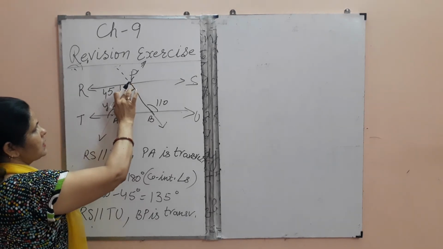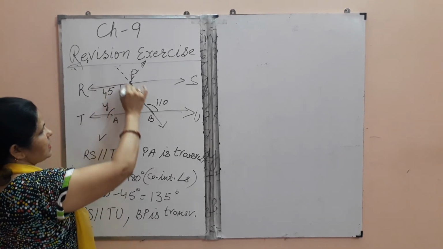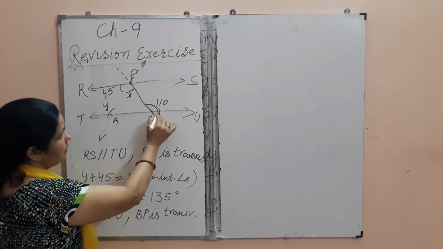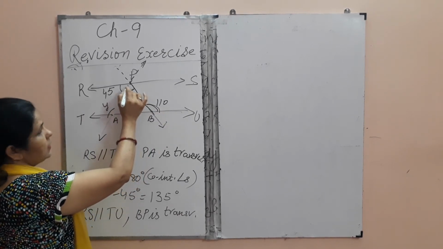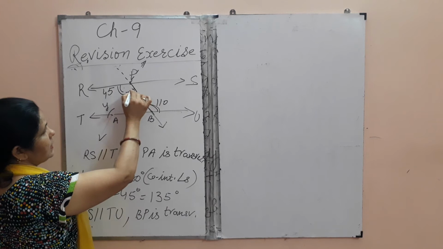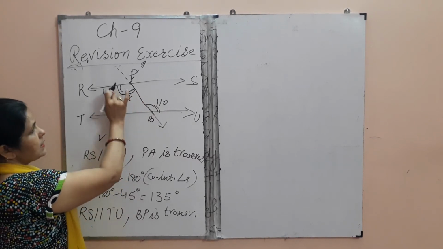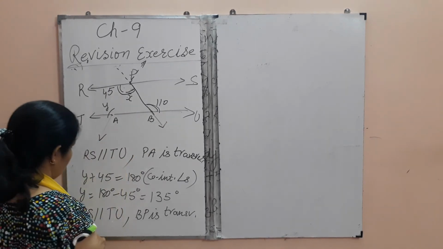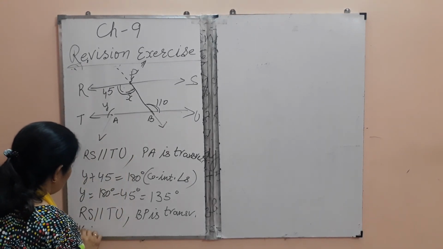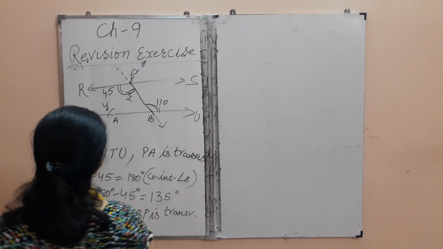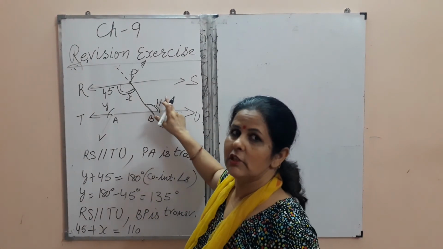Forget about this line, so this is the transversal. Now this full angle is equal to this angle, this and this. This full angle is made up of 45 and X. This angle is equal to this angle. So 45 plus X equals 110. Which pair is this? Alternate interior angles.